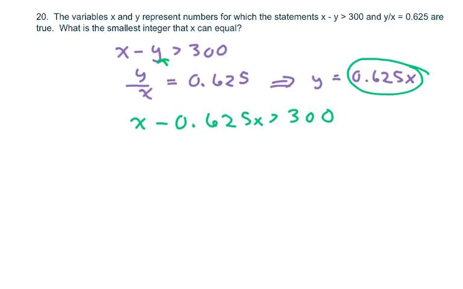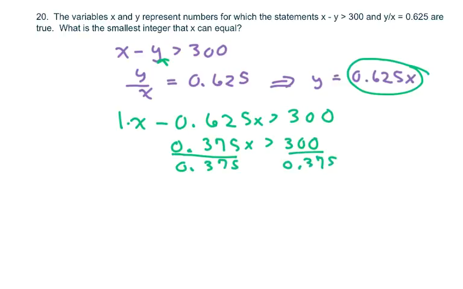So this is like 1x minus 0.625x. I'm going to combine those. You get 0.375x is greater than 300. Divide by this on both sides. So you get x is greater than 800.